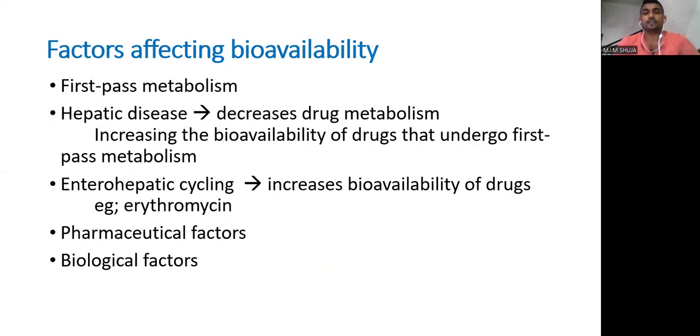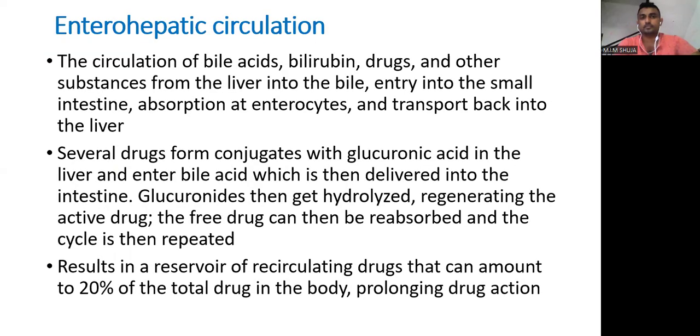The factors affecting bioavailability, that means the factors which affect your drug reaching the systemic circulation: first pass metabolism, hepatic diseases, enterohepatic circulation or cycling, and a few pharmaceutical and biological factors. What is enterohepatic circulation? This is physiology, I hope you remember that.